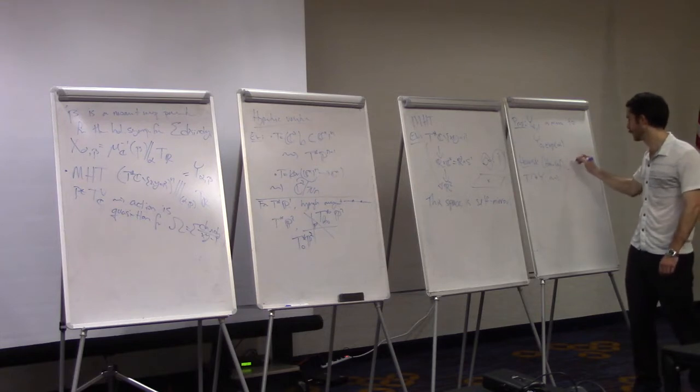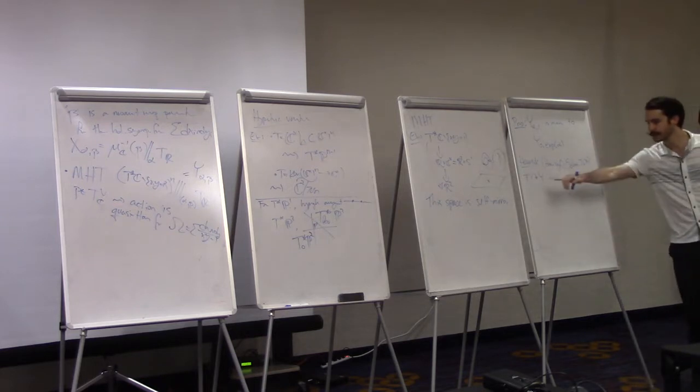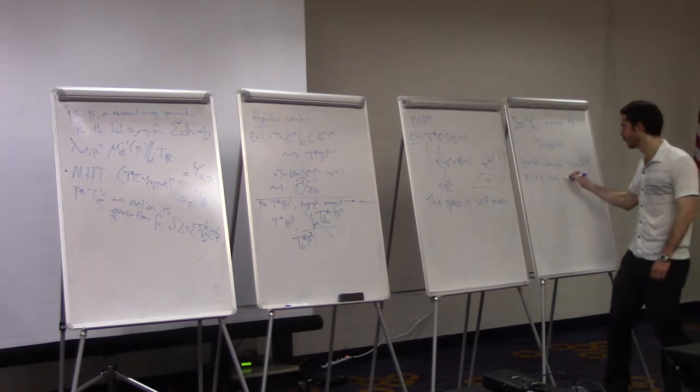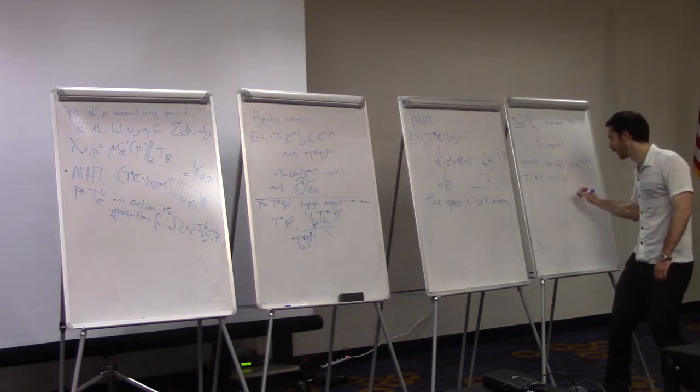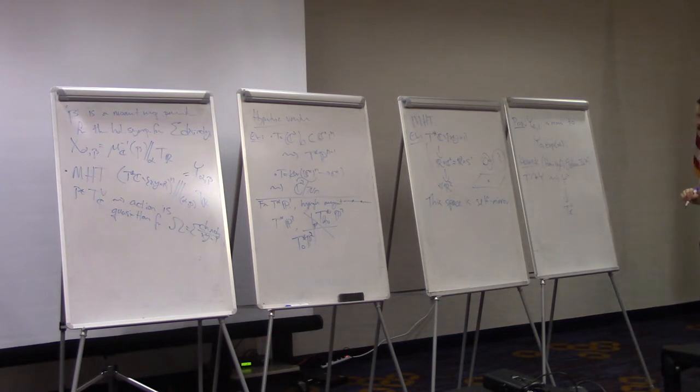a Hamiltonian action of a torus T on Y should correspond to, and you can find this sort of statement made in Konstantin Teleman's ICM address, a map from the mirror of Y to the dual torus.